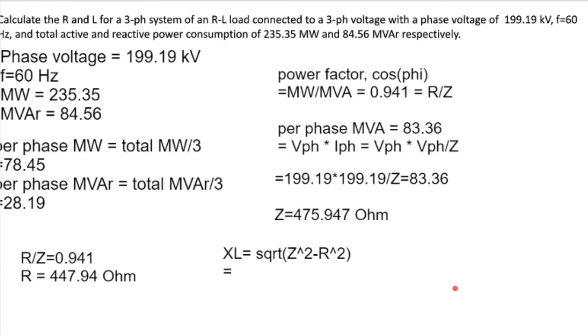Is that correct? I have 160 or something. Can you verify? No, 653 is not right. Square root of Z square, 161, it makes sense to me because I have 160.93. I have 160.93, so 161 makes sense. I have 160.93 ohm XL.